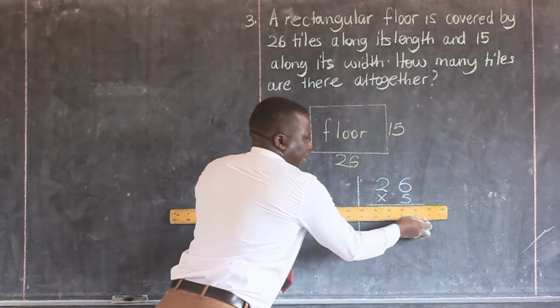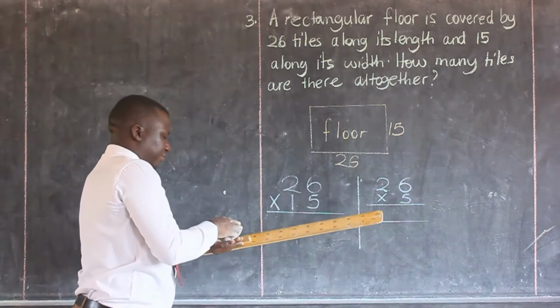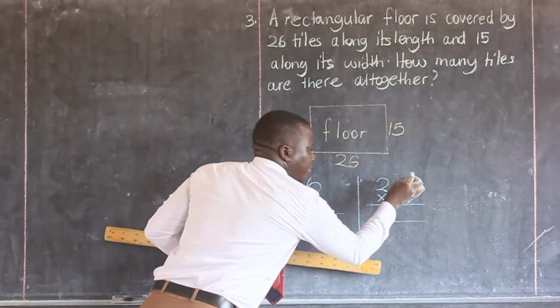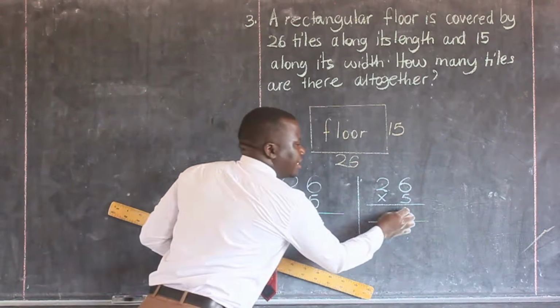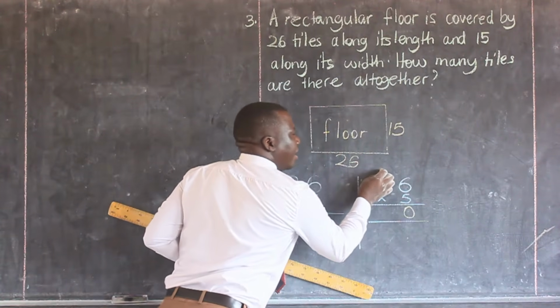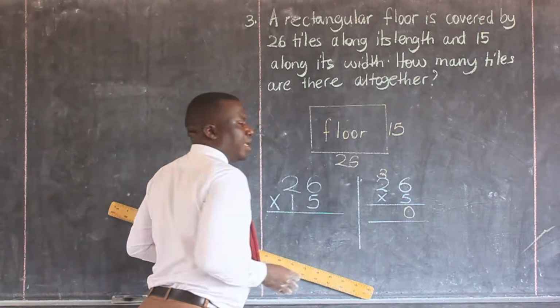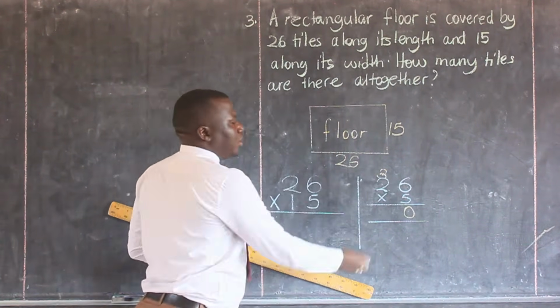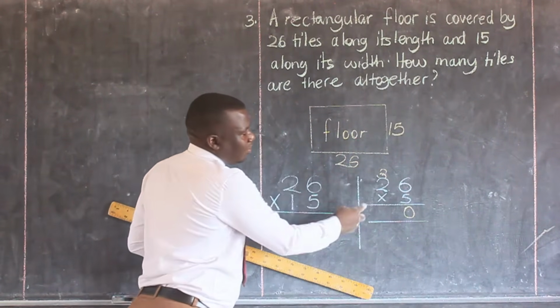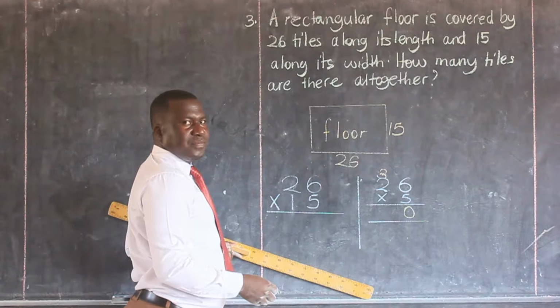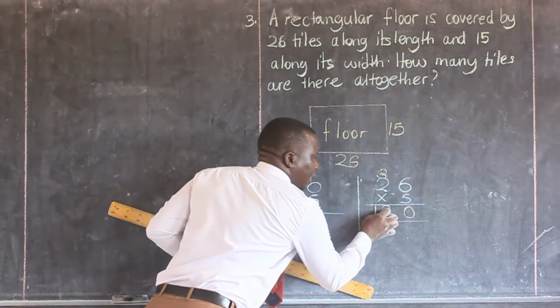And what do you get? Okay? We have 5 times 6 gives us 30. Write 0, carry that 3. Okay? We now have 5 times 2, which is 10. 10 plus this 3 gives us 13.